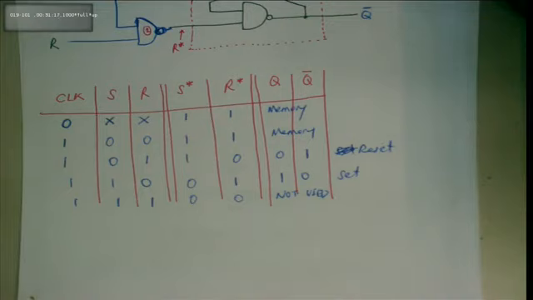When we talk about memory, Q is giving you the previous state. So now we have to think along the lines of, when we talk about memory over here, you are asking it for what happened before, the previous state, or the current state, next state.